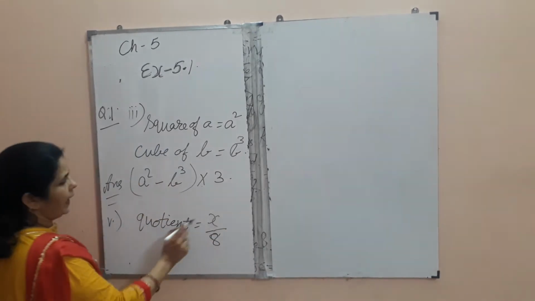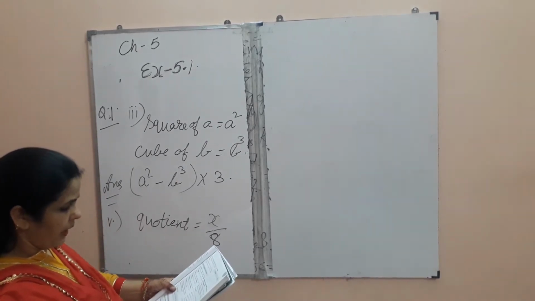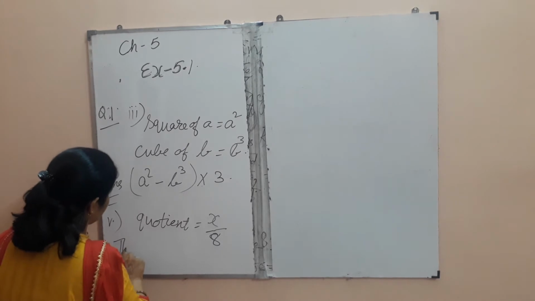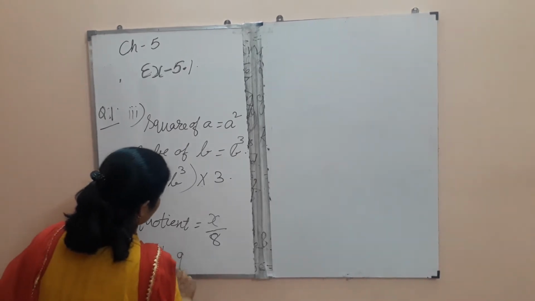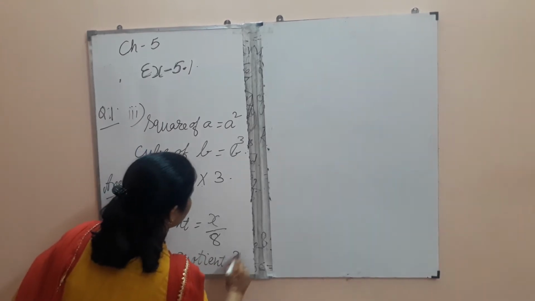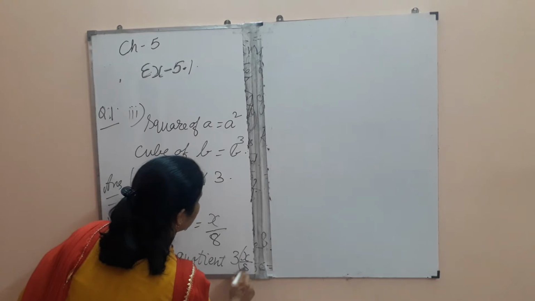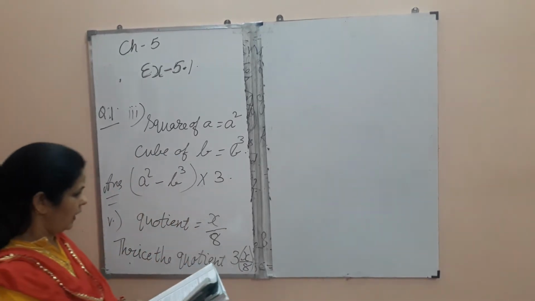Now thrice of this, thrice the quotient, will be 3x upon 8.